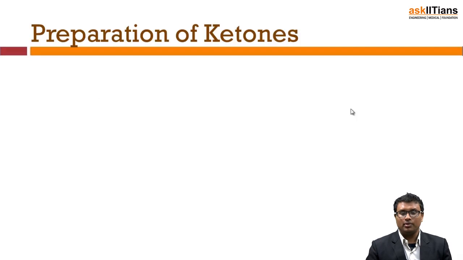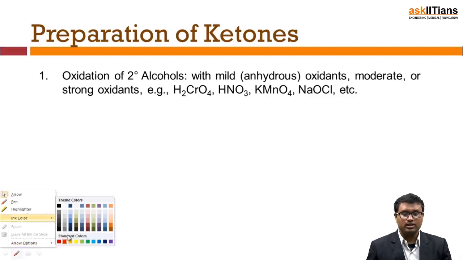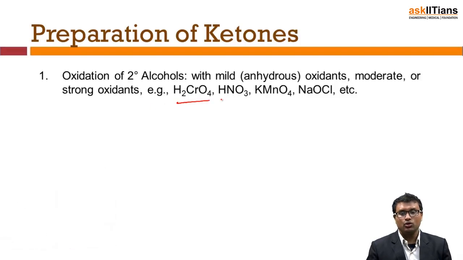So apart from the preparation of aldehydes, next we move on to the preparation of ketones. How can you prepare ketones? The same thing again: you need oxidation. But here I am not using a 1 degree alcohol, I am using a 2 degree alcohol. So if you have a 2 degree alcohol, you need strong oxidants, as I told you: KMnO4, H2CrO4 or HNO3.